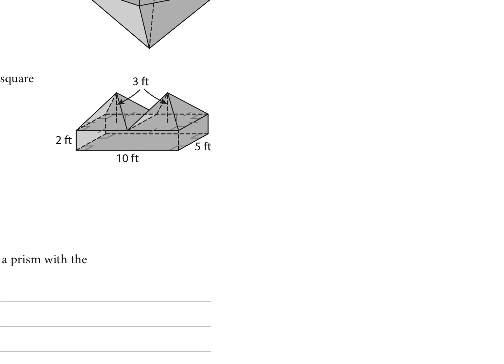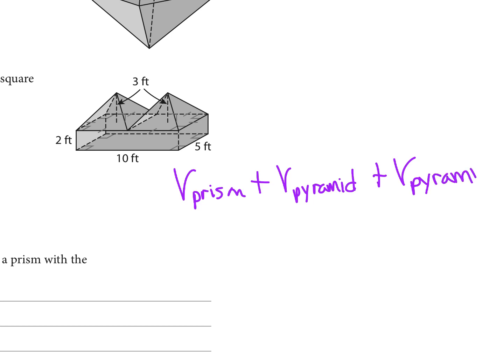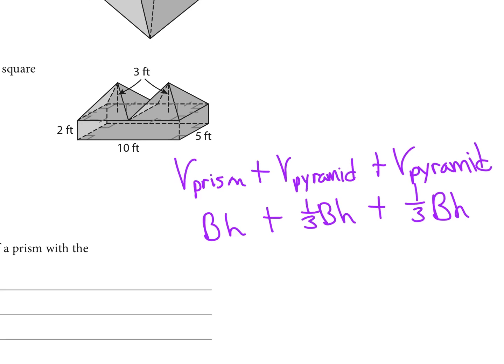Here, volume of the prism plus volume of the pyramid plus volume of the pyramid. Or you can just do 2 times the volume of one pyramid. So area of the base times height plus 1/3 area of the base times height plus 1/3 area of the base times height.